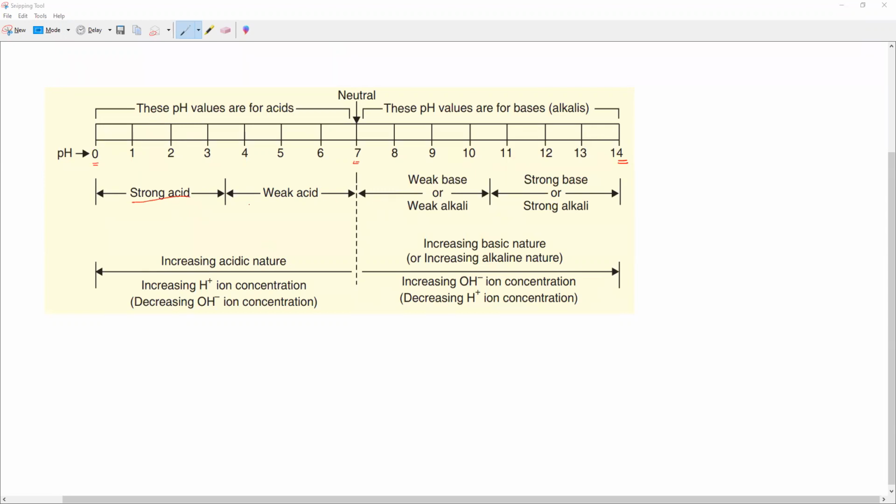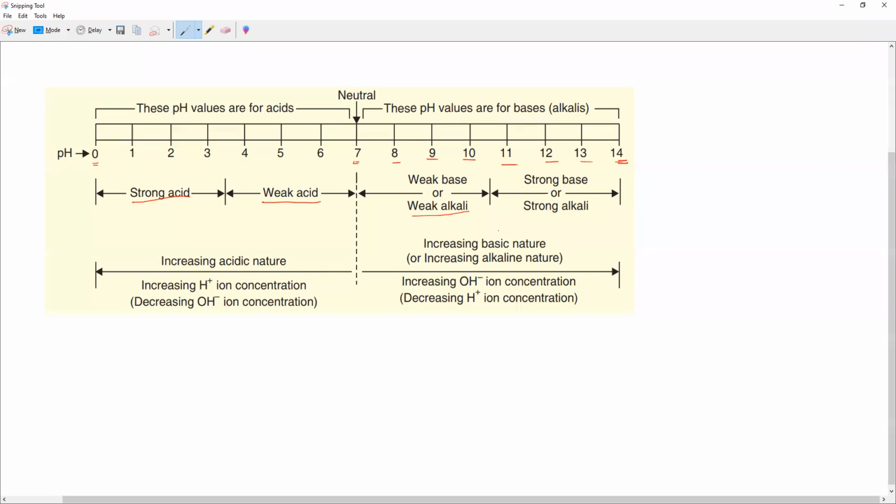So strong acid. Then 4, 5, 6 are called what, everybody? Weak acid. Weak acids. Okay. Same way, 8, 9, 10 are called what? Weak alkalis. And 11, 12, 13, and 14 are called what, everybody?